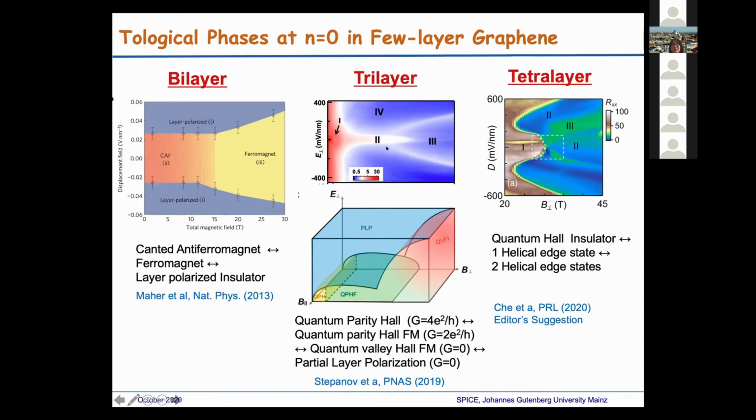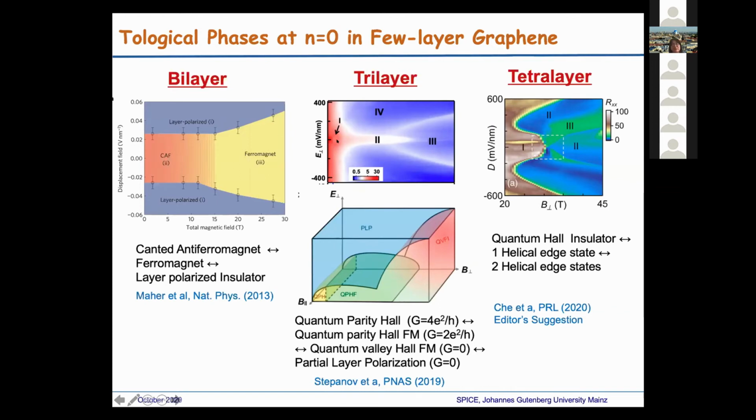I cut out the x-axis here. But in this case, phase 1 happens at about half a Tesla, and phase 2 happens between 1 and about 4 to 5 Tesla. So here, right in here is about 5 Tesla.